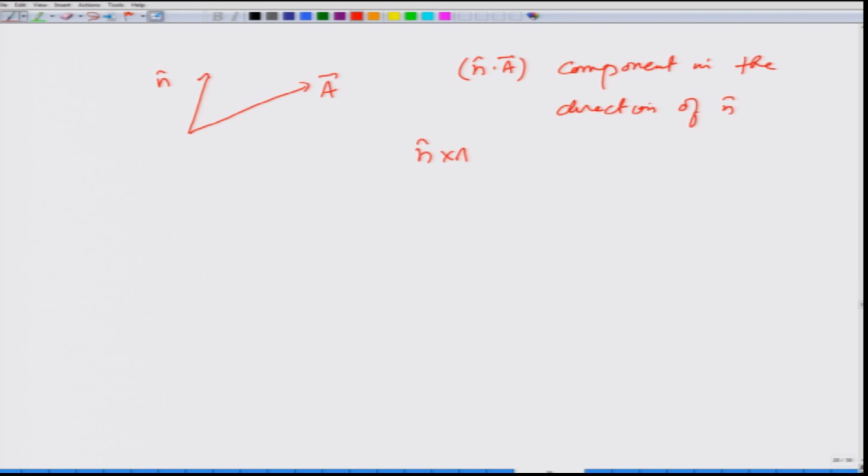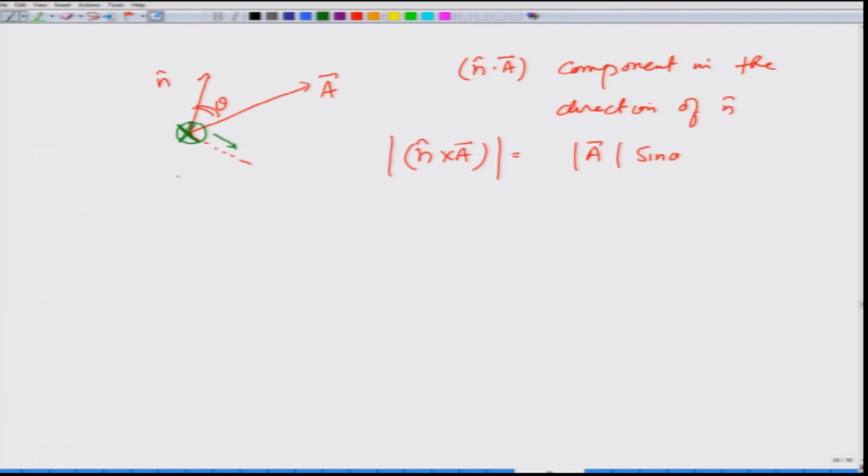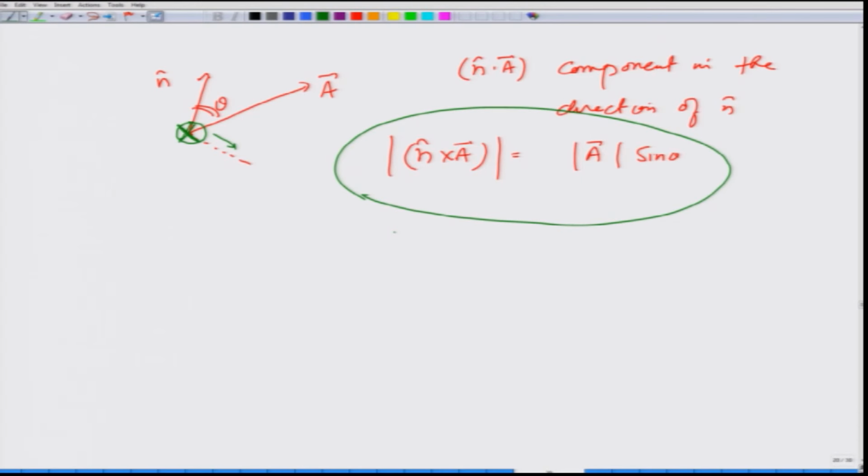N cross A is, if this angle is theta, its magnitude is nothing but magnitude of A sin theta. This is the projection perpendicular to n, and n cross A is going to be in the direction perpendicular to the plane formed by n and A. I have to bring it back in the direction of projection of A in the plane perpendicular to n, and you use the same trick as we did earlier.